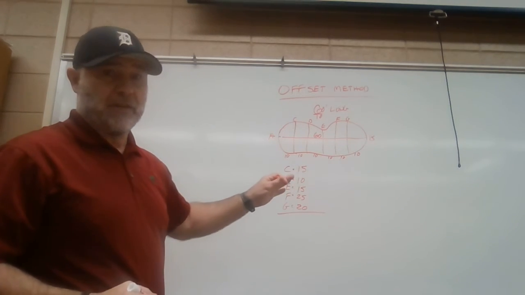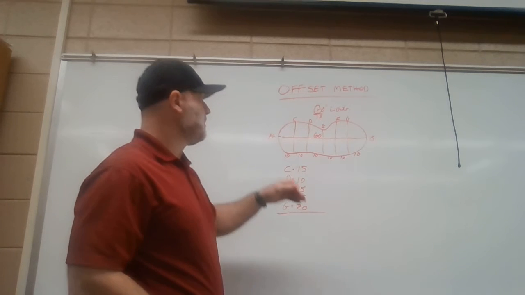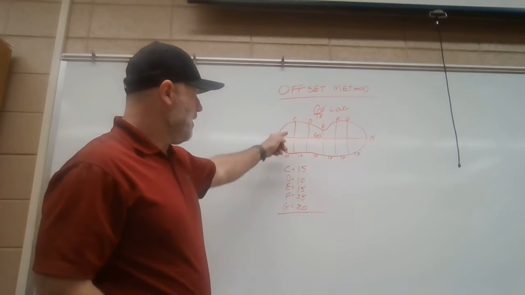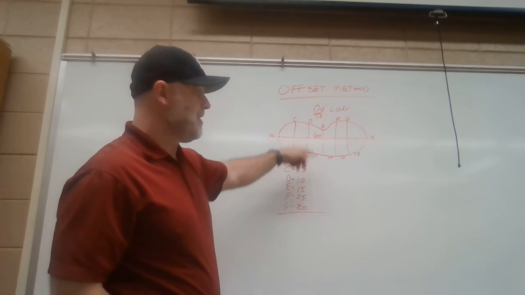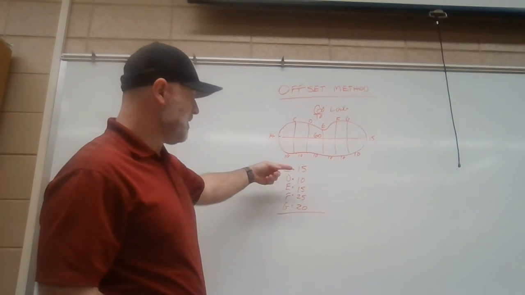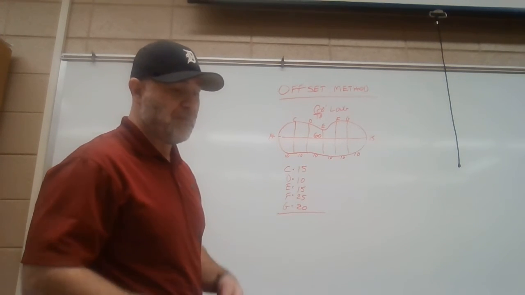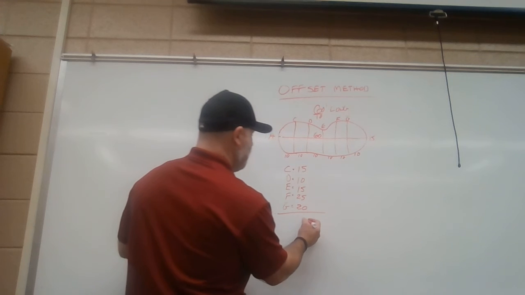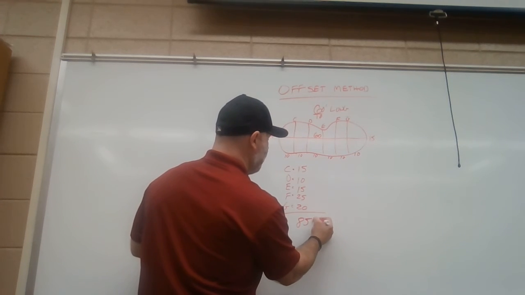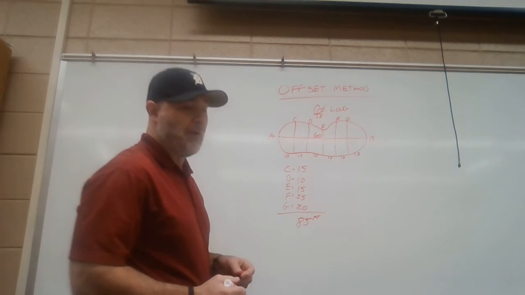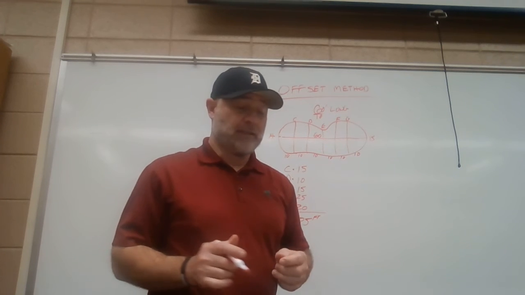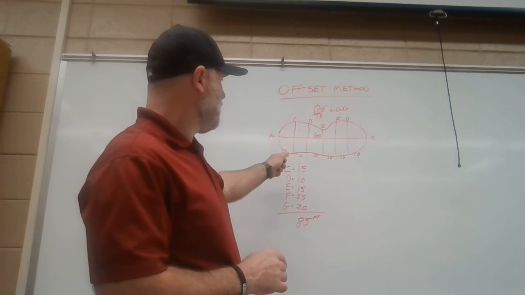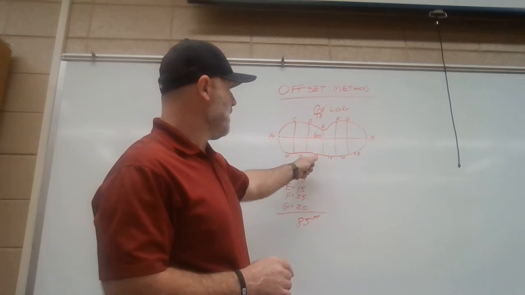To get the area of this, it's pretty simplistic. You're going to add all the lengths of your measurements that you took. So 15, 10, 15, 25, 20. Add all those together, that's going to give 85 feet. And the key to this is knowing your distance in between.